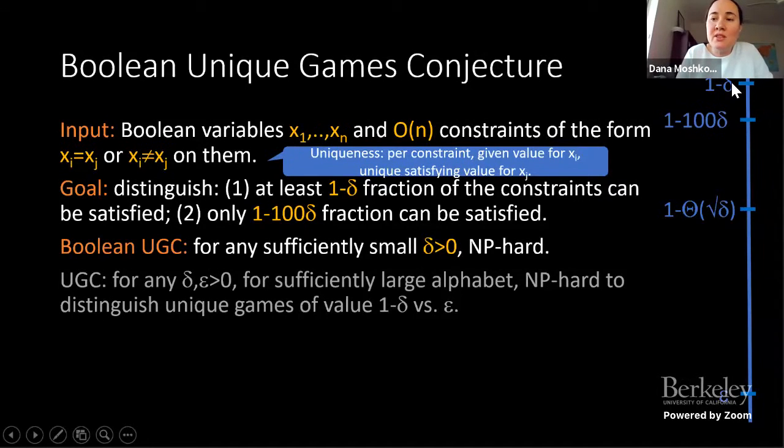You're given a system where 1 minus delta fraction of the constraints can be satisfied, and you want to satisfy only epsilon fraction. This is only possible to be NP hard if you take a sufficiently large alphabet and constraints that are unique. So this is the full unique games conjecture.